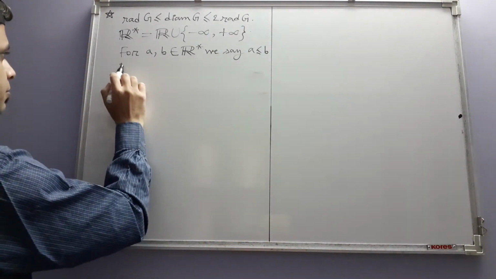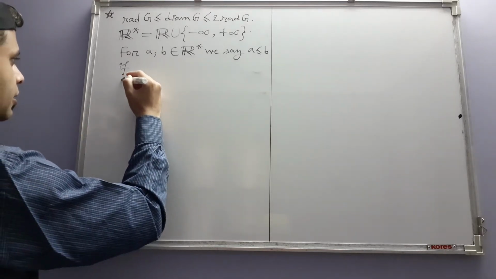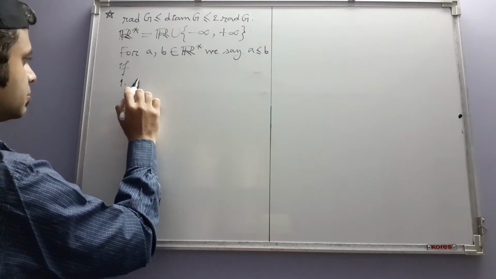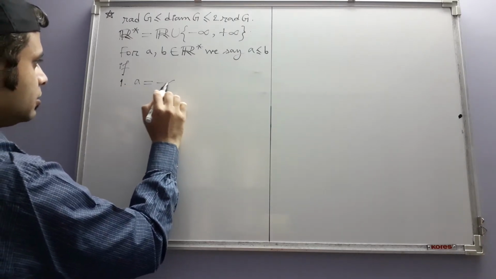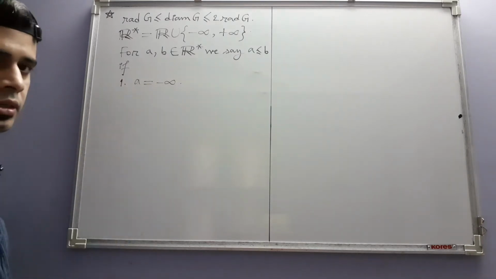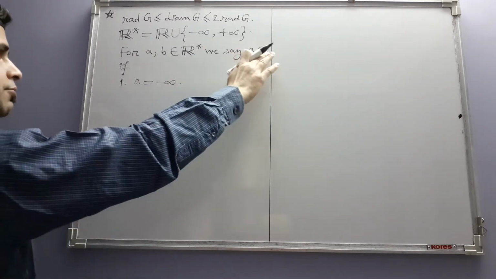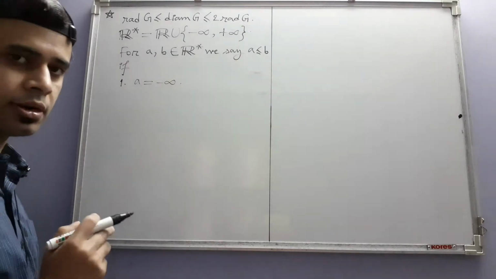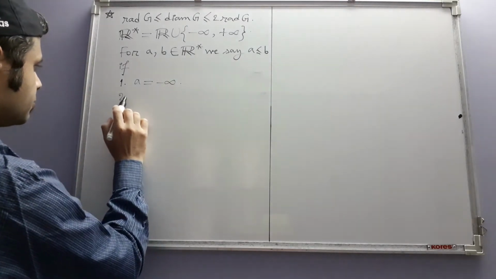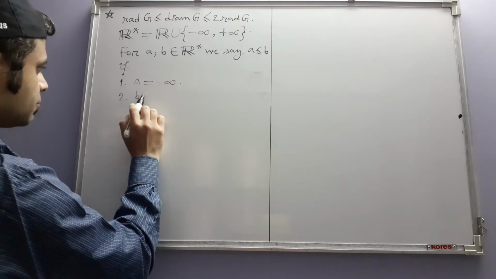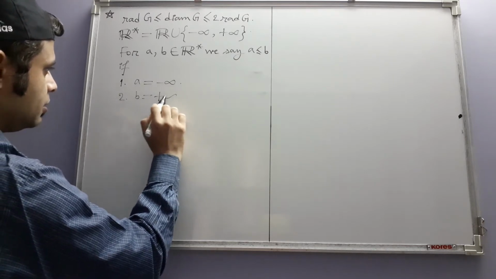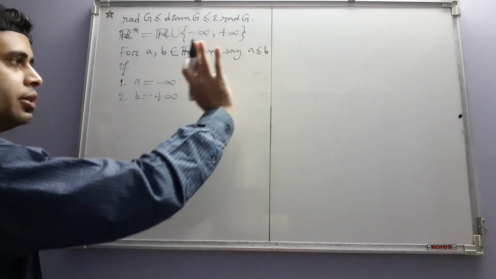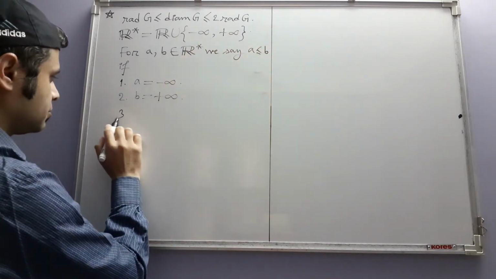If there are three conditions. Condition 1, A is minus infinity. Irrespective of what B is, in that case we will say that A is less than or equal to B. Number 2, B is plus infinity. In that case also we have this relation.